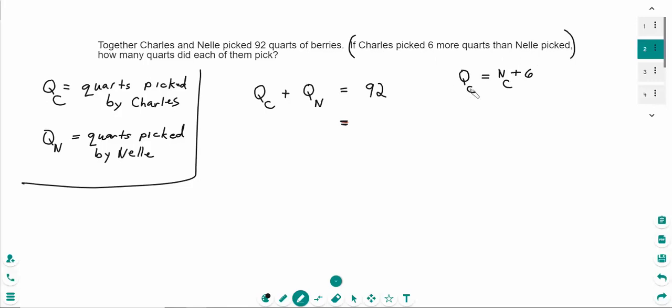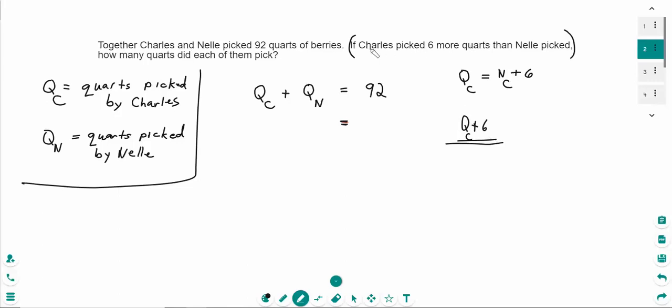And watch out, because the temptation is to say, okay, Charles picked 6 more, so Charles needs to get the plus 6. Well, no, this is not accurate, because what we're doing there is taking the amount that Charles picked and adding 6 more to it, which is not what this is saying.